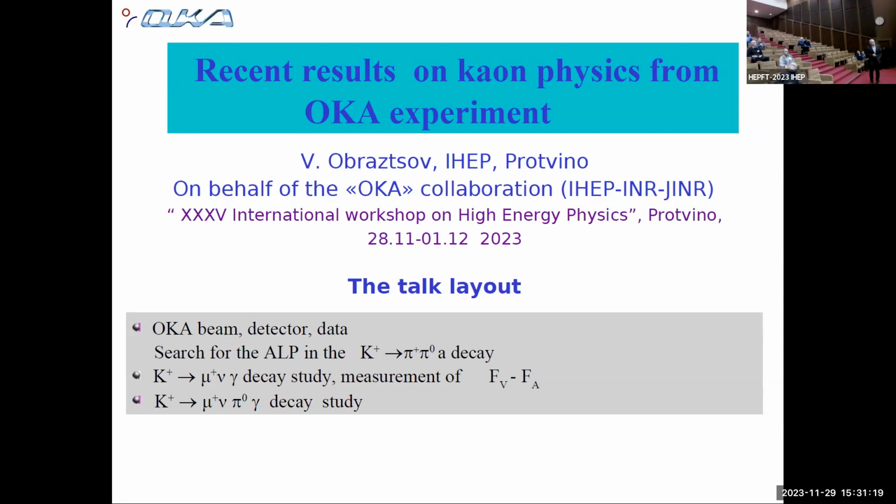The talk layout is: first I will show some details of our beamline, detector, and data, and then there will be three topics: the search for an axion-like particle in this decay, then the study of radiative K-2 decay and measurement of the difference of vector and axial vector constants, and finally the study of the radiative K-3 decay.